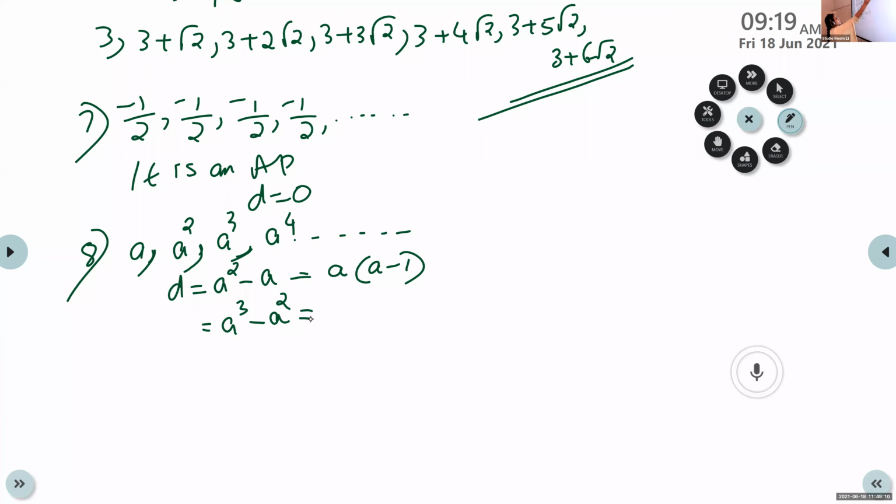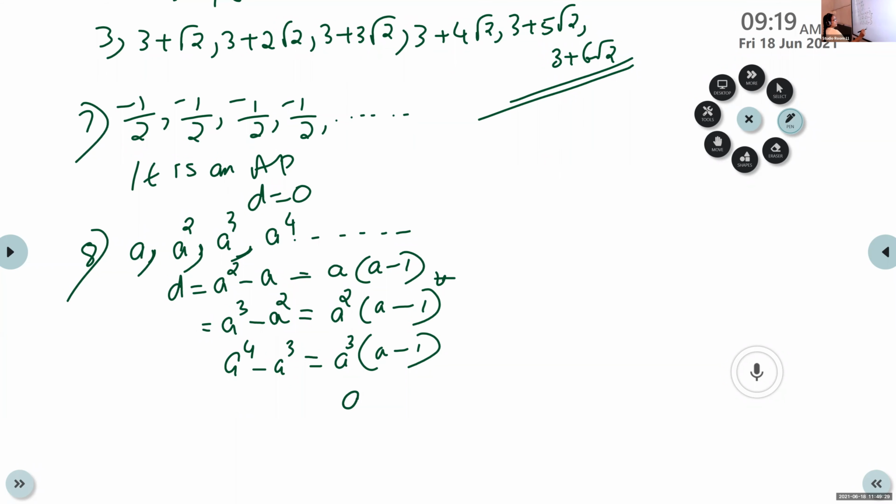A cube minus a square can be written by taking a square outside: again a minus 1 in bracket. Next is a raised to 4 minus a cube. We can take a cube outside, a minus 1 in bracket. They are not equal. Here a2 minus a1 is not equal to a3 minus a2. Hence it is not an AP.